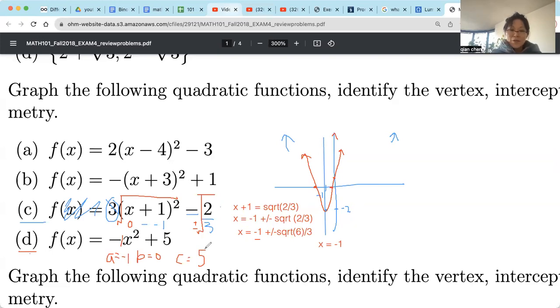All right, we want to identify the vertex. The vertex has this formula. Let me write it here. The x value of the vertex equals -b over 2a.